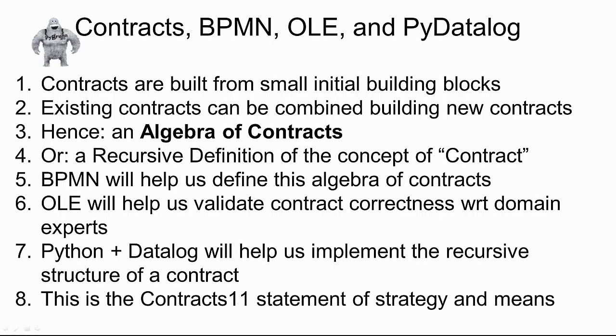When we combine these small building blocks, the most simple contracts, we can get more complex contracts. What we're actually trying to do is devise an algebra of contracts. You could also say that we're trying to come up with a recursive definition of the concept of contract. We're researching that at the moment, and we think that BPMN gives us the right kind of primitives that we can use to combine small contracts into larger contracts.